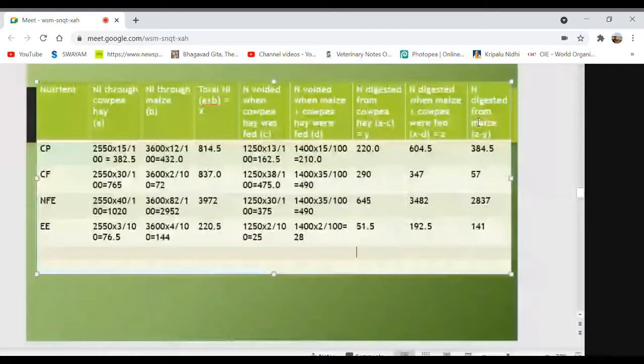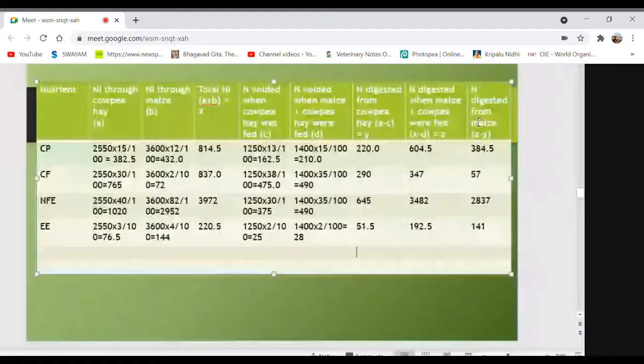So since we want the coefficient of different nutrients of maize, then we'll be able to calculate the percentage. Okay, depending on the requirement, you can make the tables. This is a very simple table, but you must have the concept.